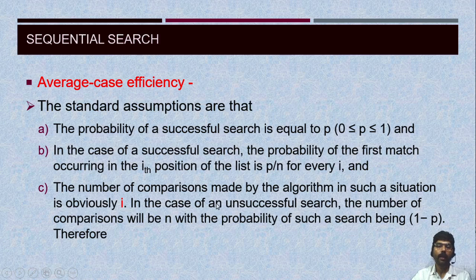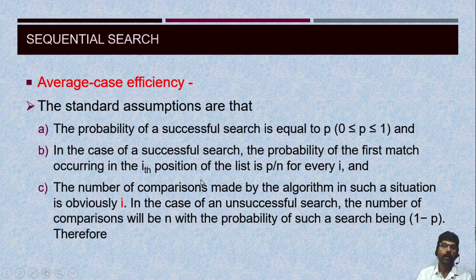So whenever an unsuccessful search occurs, that is n into 1 minus p. Whenever a successful search occurs at the ith position, it is i into p by n. If the element is at the first position, the probability is 1 into p by n.